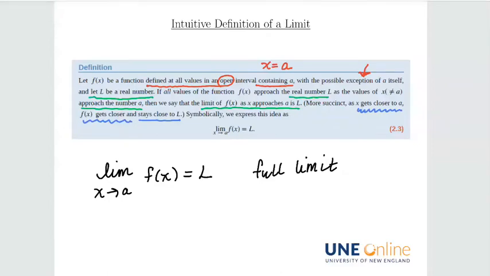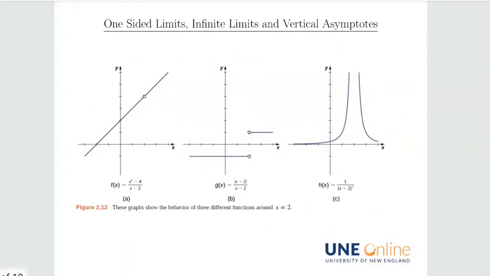It isn't just the full limit. So for example, we have things called one-sided limits, infinite limits, and then there's a relationship between those and vertical asymptotes.